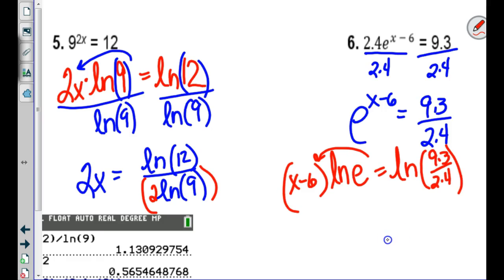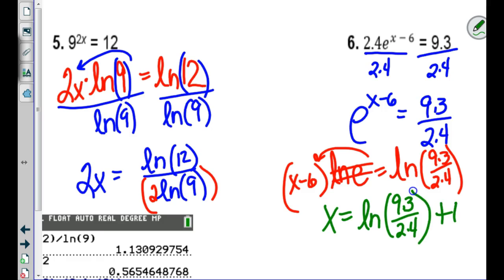All right, and then when I'm all done, this is 1. So I'm going to need to do what still to get the x by itself? Yep. And you don't need to do an exact one-on-one like this, but there's the exact form. But you just need a decimal is fine.